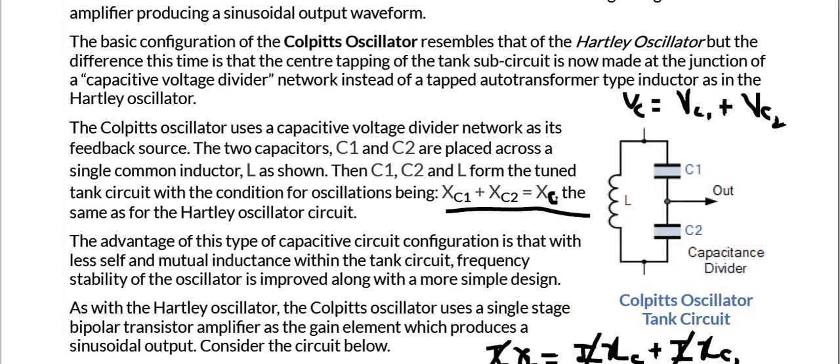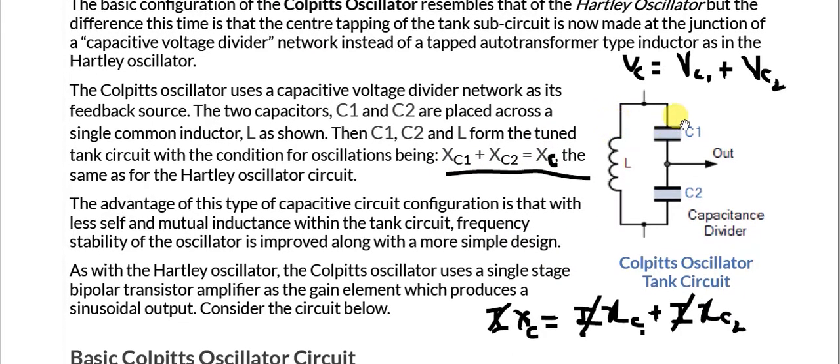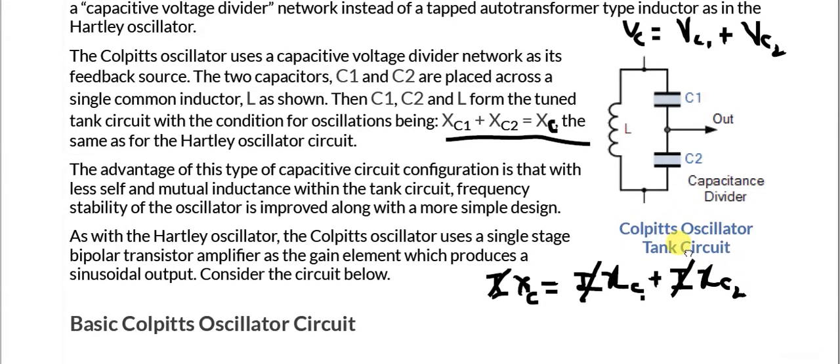If we take the two voltages, the total voltage drop will be equal to VC1 plus VC2, but since this is in series, the current is the same. I XC is equal to the total voltage, which is the voltage drop across C1 plus the voltage drop across C2, which is I XC1 plus I XC2. The I is cancelled out. We are left with XC1 plus XC2.